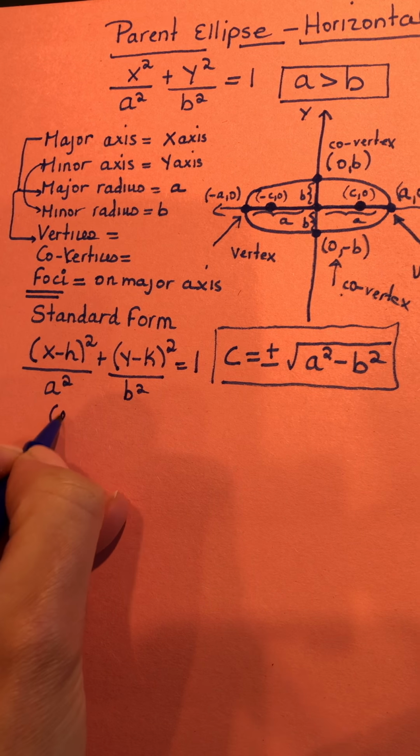The center of the ellipse, instead of being at 0, 0 like our parent, is going to be, again, at the point h, k. Again, a is still greater than b if we're a horizontal ellipse, and we're going to see that the distance a is going to be from the center point. So in future videos, this will make more sense.